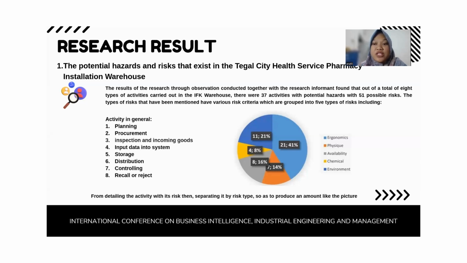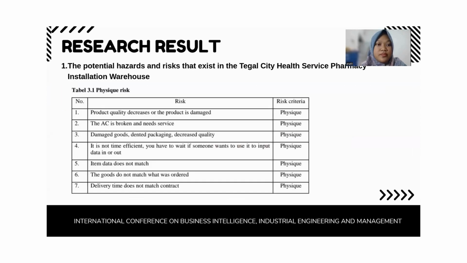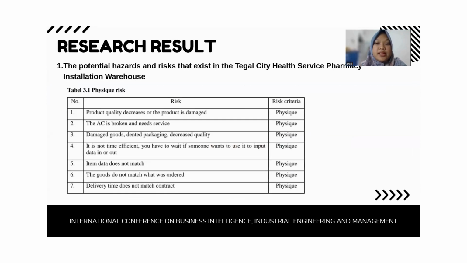with 51 possible risks. And here we can see the ergonomic risk is the biggest risk type in the pharmacy installation warehouse. And this is the risk divided by risk criteria.